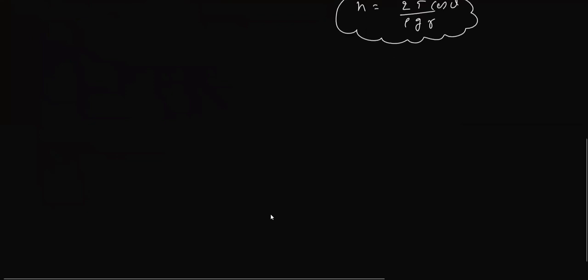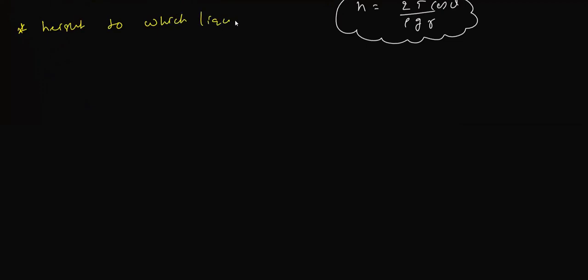So you have to analyze some points here. First point: the height to which liquid is raised is h equal to 2T cos theta divided by rho r g.